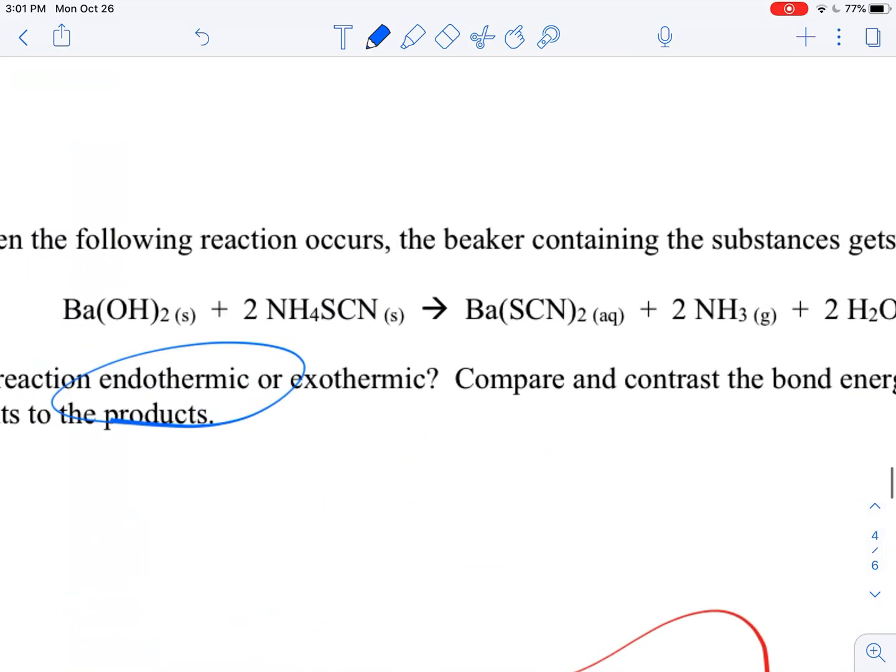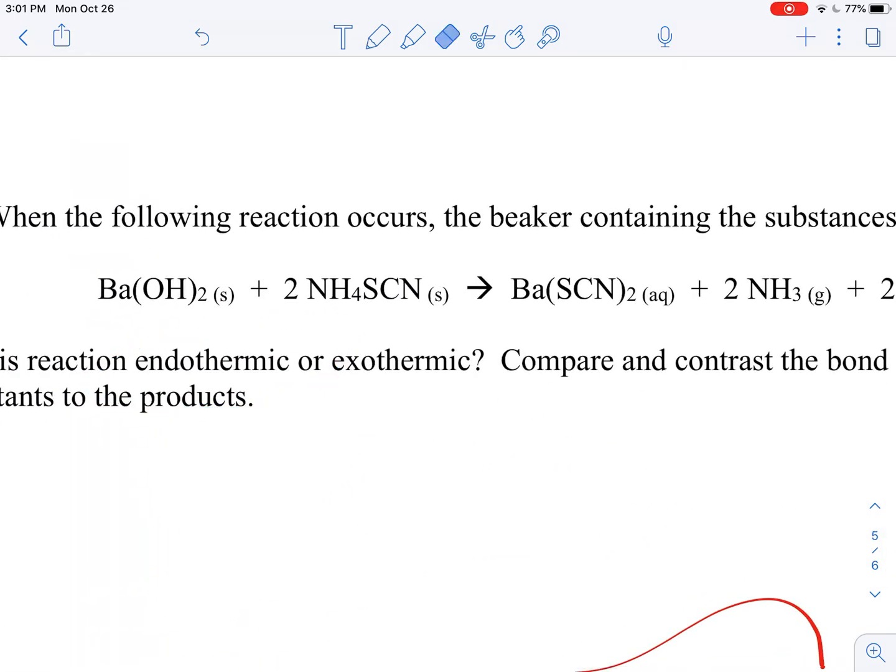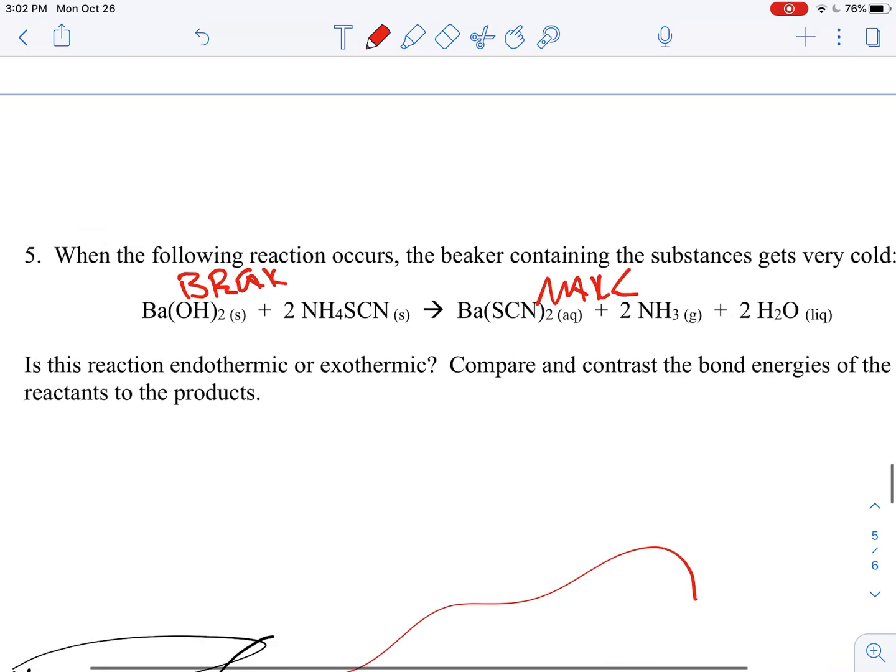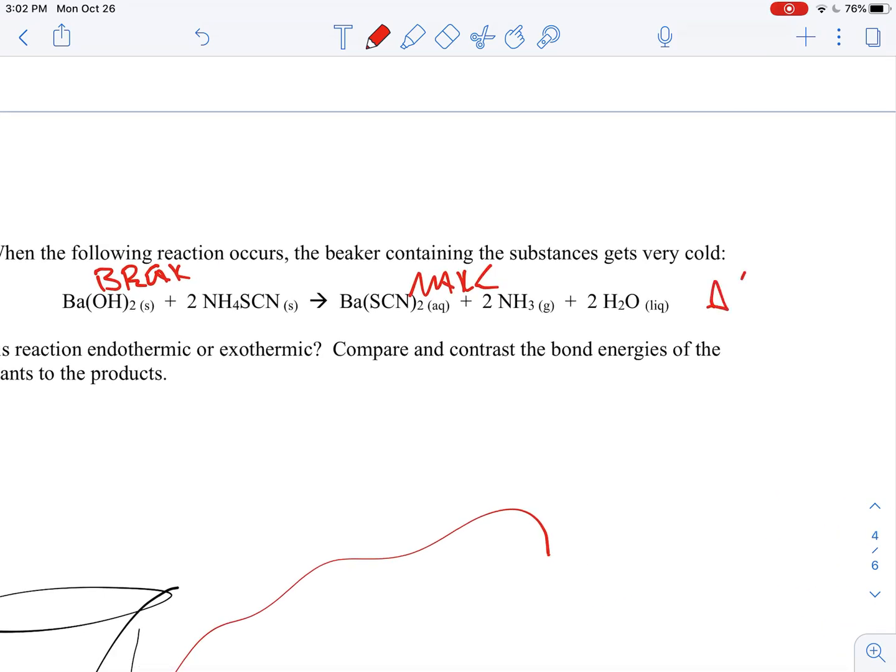And if you are endothermic, that must mean that the bonds that are required to break, because remember, if you are breaking things, you have to break all of these. And then over here, you have to make all of these bonds. And if you end up with an endothermic reaction, that means your delta H is positive. It's endothermic.